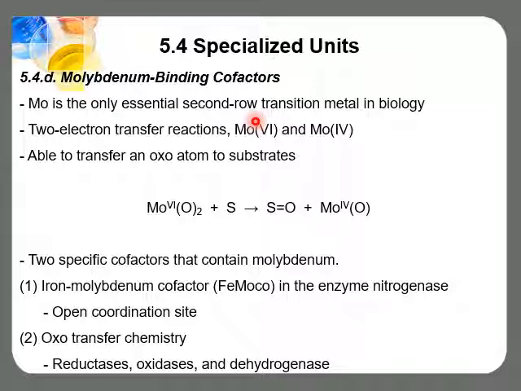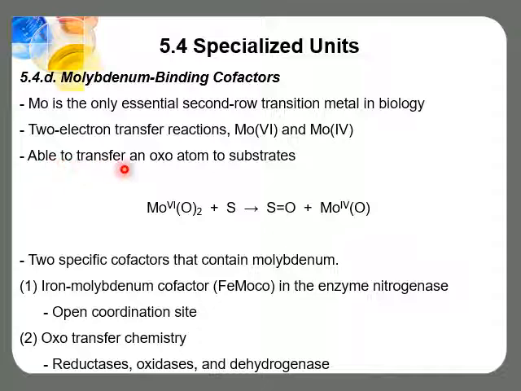Sometimes a very powerful electron transfer unit is required, like molybdenum. Molybdenum 6+ can be reduced to 4+. So one molybdenum has the power of 2-electron transfer. Although molybdenum is not usually found in biology, it has a high capacity as an electron transfer unit.